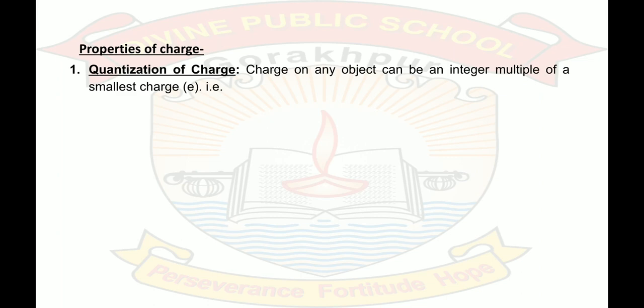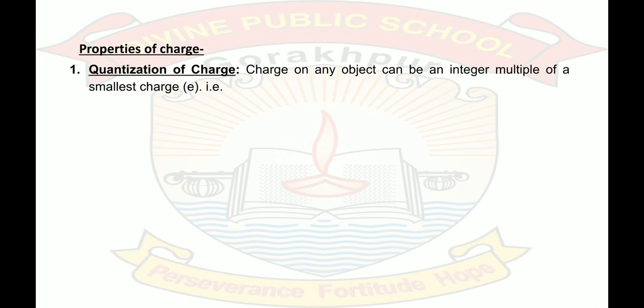Here the charge on a body, as we have discussed earlier, can be there because of removal or addition of electrons, and electrons are always added or removed in integral numbers, and therefore the charge on any object can be an integral multiple of a smallest charge, and that smallest charge is e.